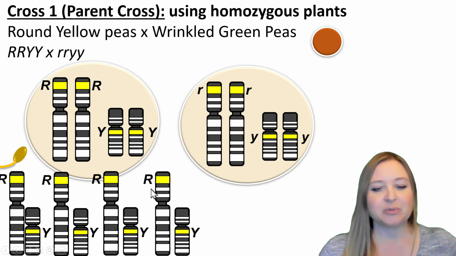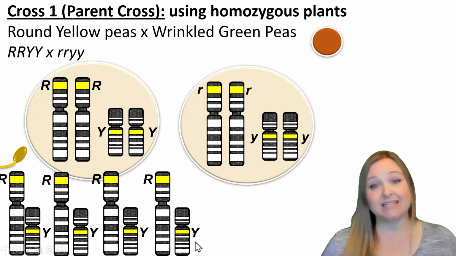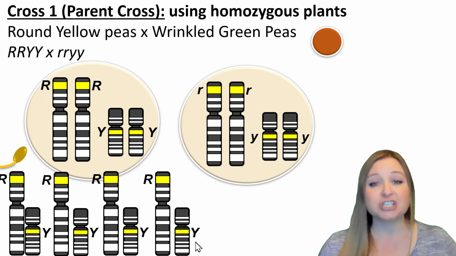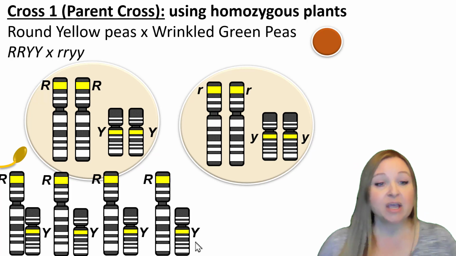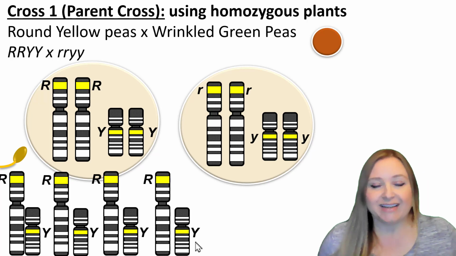And so we could end up with big R, big Y. So because our father plant here is homozygous dominant for both genes, that means that that's all that he can pass along. Big R and big Y, right?